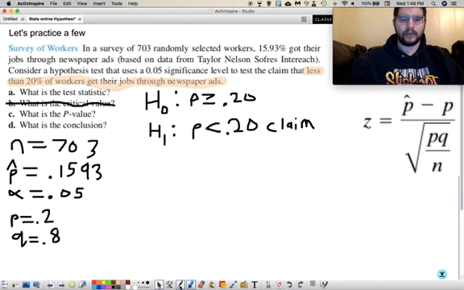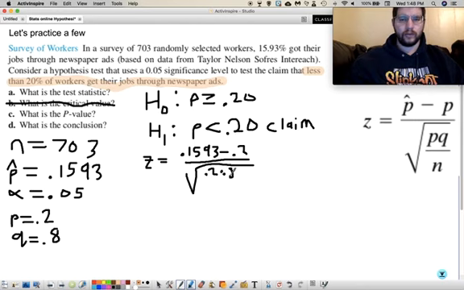To calculate our test statistic: p hat minus p, over the square root of p times q over n. We already have the square root.